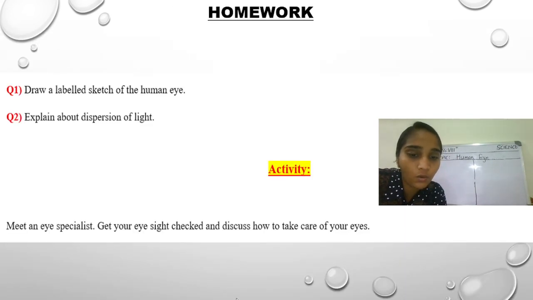Now it's homework time. First, draw a labeled sketch of the human eye, just as we have discussed. Second, explain the dispersion of light. If possible, you can perform this activity at home also. Another activity is to meet an eye specialist at a clinic near your home.